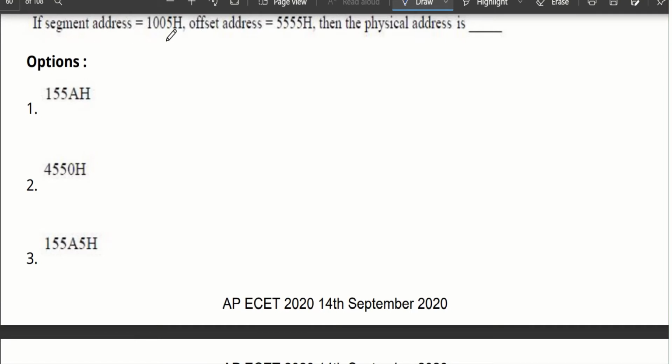If segment address equals 1005H and offset address equals 5555H, then the physical address is? Now let's calculate this.